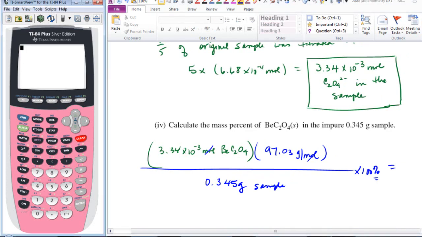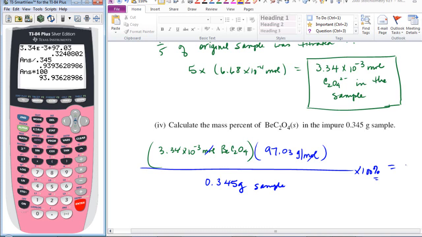Let's just clear my screen. So 3.34 EE minus 3 times our 97.03 molar mass gives me the grams that we recovered here, divided by the fact our sample total mass was 0.345, times 100.